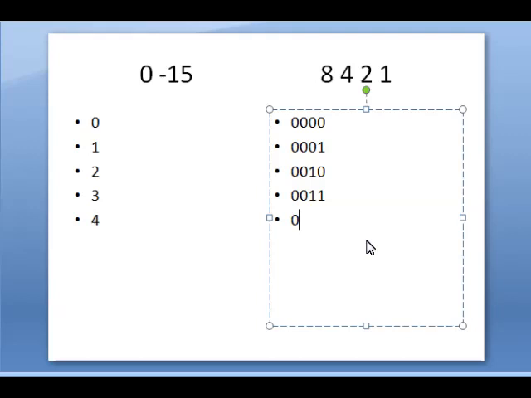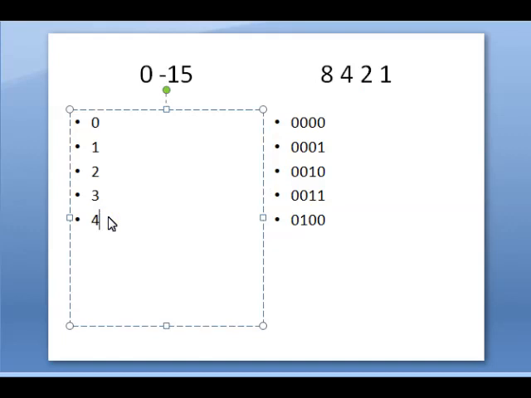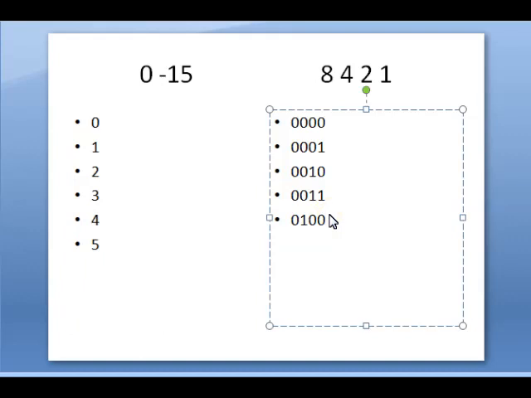Okay students, now the next number is 5. So how will you write the binary equivalent for this number 5 here? 4 plus 1 is 5. So the fourth place and the ones place you have to put 1 and all the other numbers should be 0. So it is 0, 1, 0, 1.